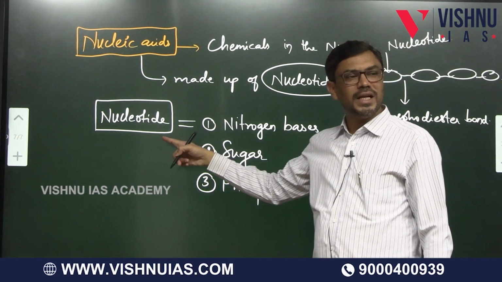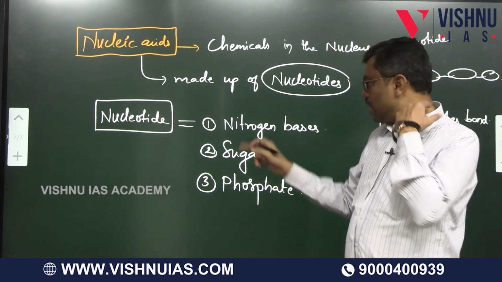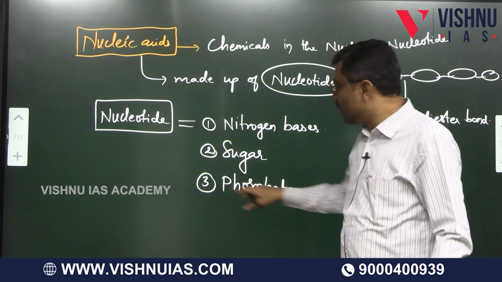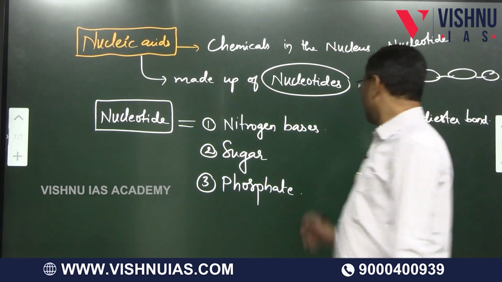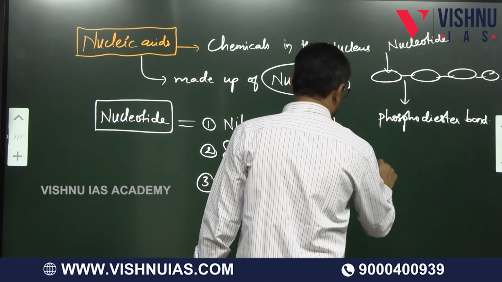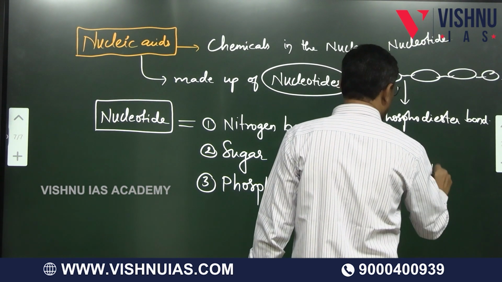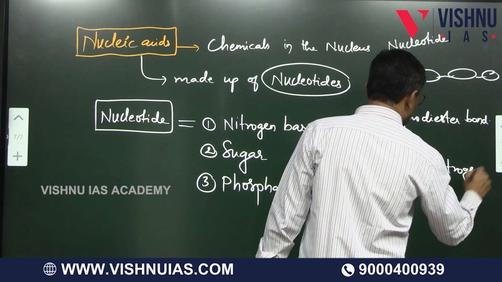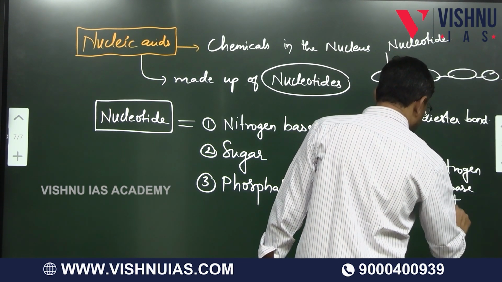So, what are nucleotides? These are the monomers or small subunits which are made up of nitrogen base, sugar and phosphate. All the three together are called a nucleotide. Another terminology you remember: nucleoside. Nucleoside is equal to nitrogen base plus sugar.